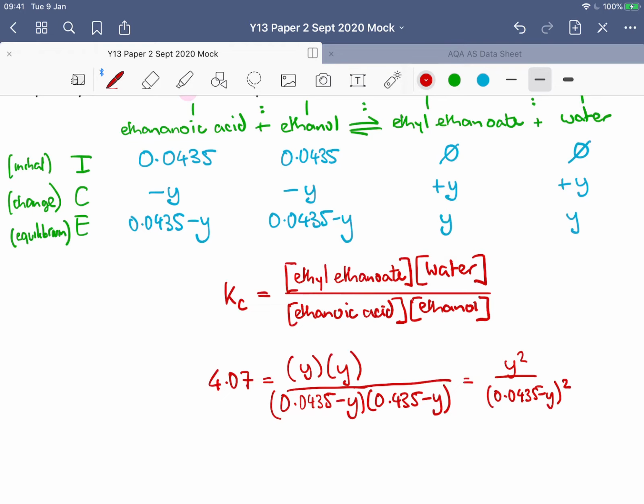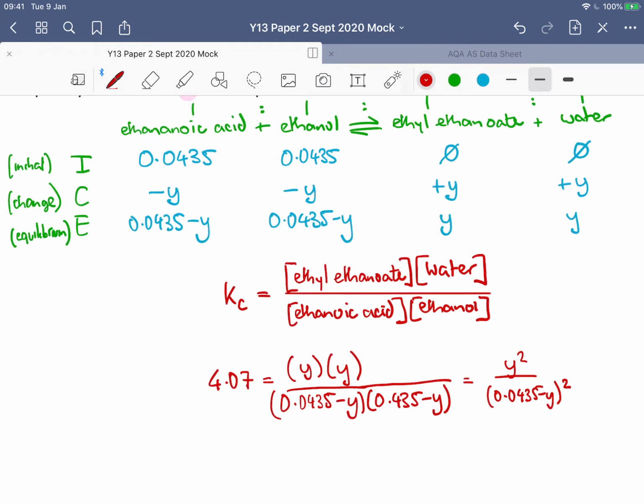Now, you could multiply both sides by the right-hand denominator and so on, and go down the whole quadratic equation route. But honestly, you can get the right answer, obviously, but you are more likely to make a mistake, or go awry, or forget something.